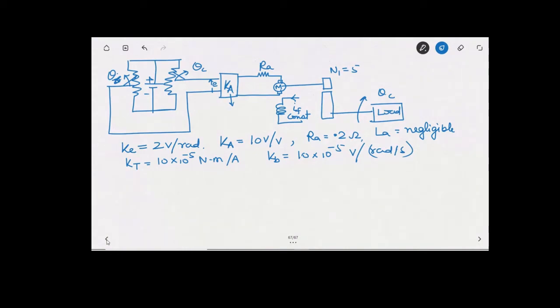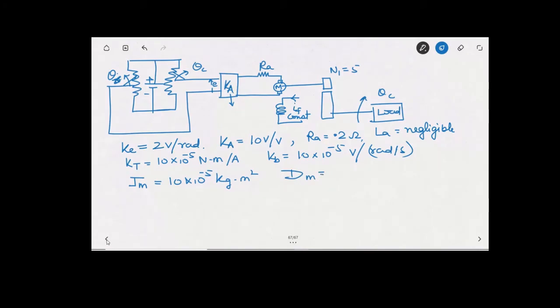Then the equivalent moment of inertia referred to the motor shaft. Jm is given as 10 into 10 raised power minus 5 kg meter square. Then Dm.